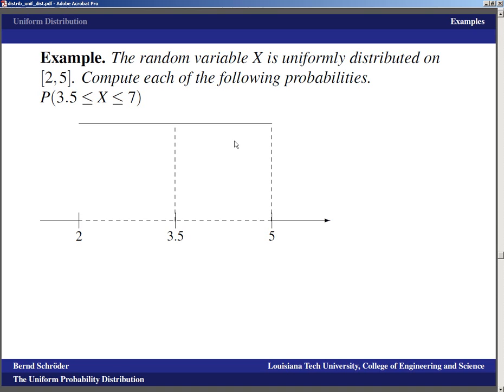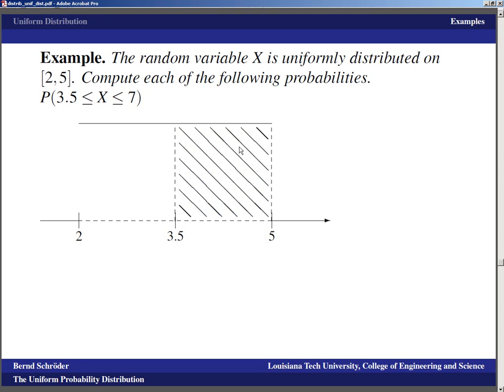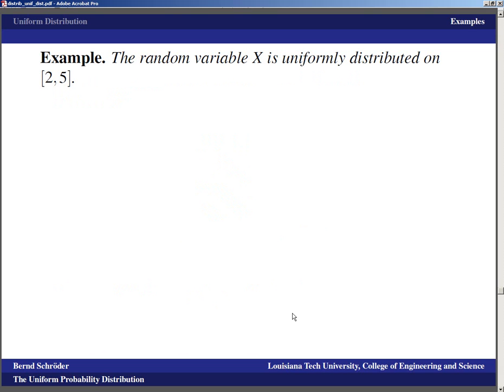So actually, the probability is completely captured in this rectangle, which means that for this random variable, the probability that x is between 3.5 and 7 is the probability that x is between 3.5 and 5, because the probability that x is greater than 5 is 0, and that ends up being 1.5 times 1/3, and that's 1/2 because it's exactly half the area of the whole thing. Yeah, I didn't put the steps in there.